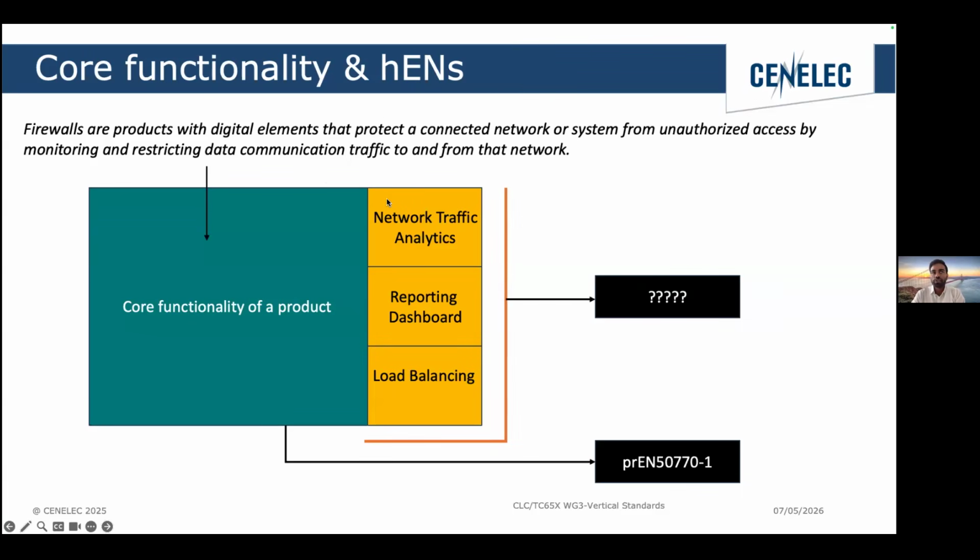So we are very sure that the core functionality can be addressed, but how we are going to address the state of the art, that we can discuss later. Right now we focus on the core functionality, and how this can be achieved with this vertical standard EN 50701.